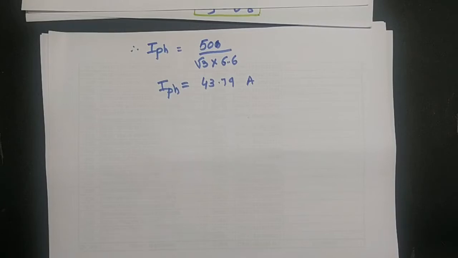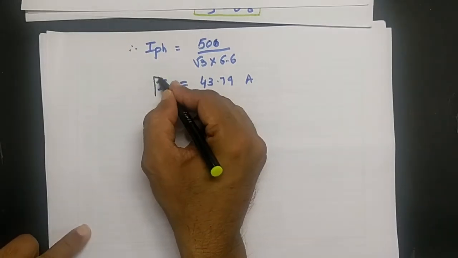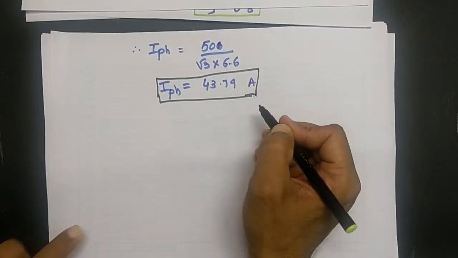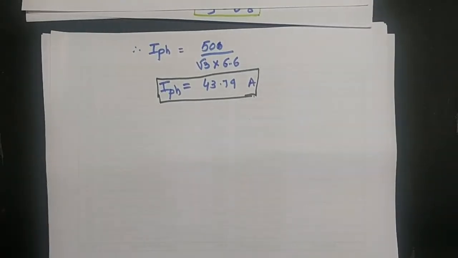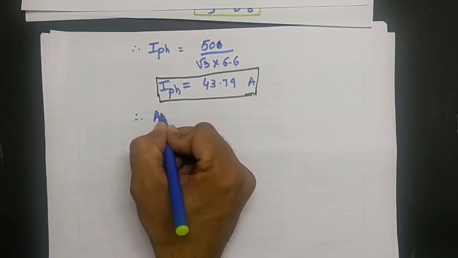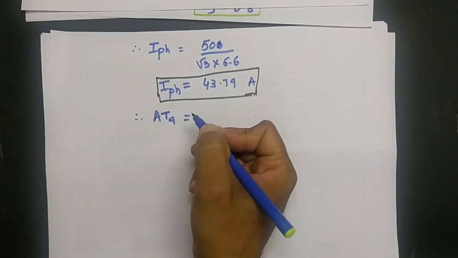So another quantity required to calculate ampere turns of the armature we have identified, and therefore ampere turns for the armature.